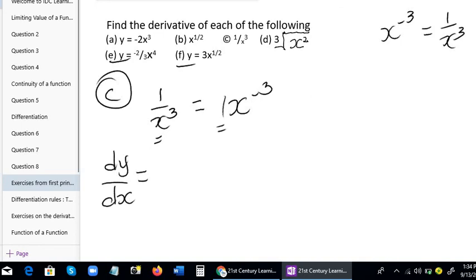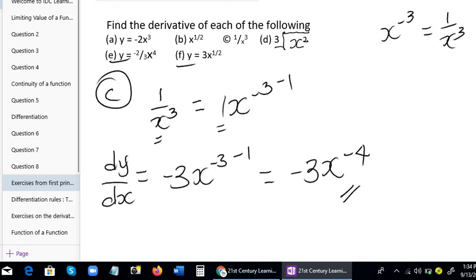Minus 3 times 1 will give me minus 3x. Now, minus 3, subtract 1 from it, gives minus 4. This will give me minus 3x to the power of minus 4. That's all. We have our answer.